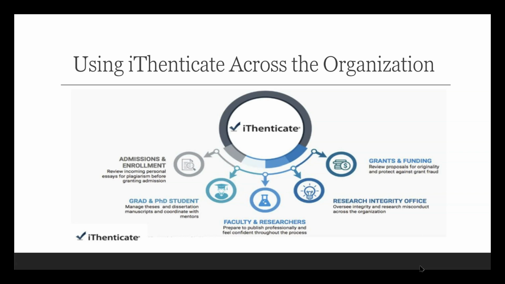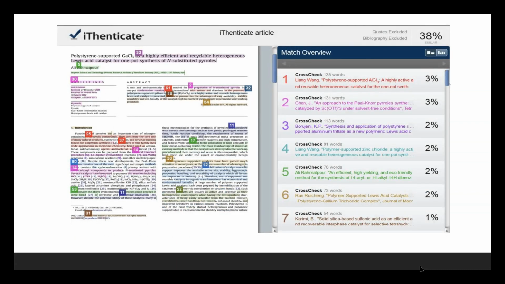So we will see how iAuthenticate gives the report. Here we have a sample document. This is the paper I submitted. In this, we have some numbers: 33, 5, 38, 61, 2, 3, 54, 25, 37, like that. They are shown in different colors.